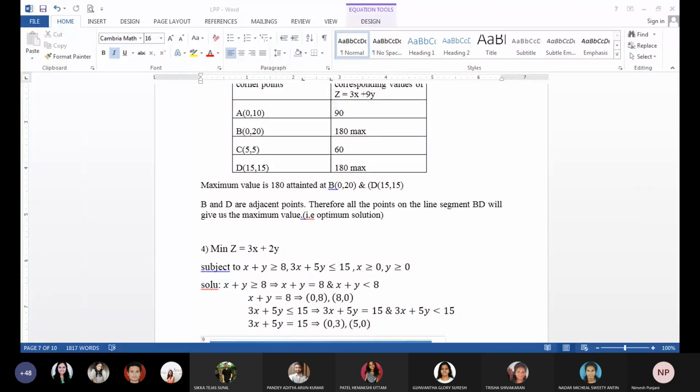Anyone else who thinks in the same way, same lines?